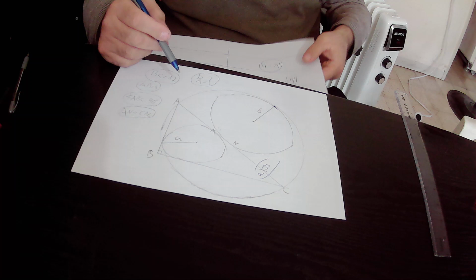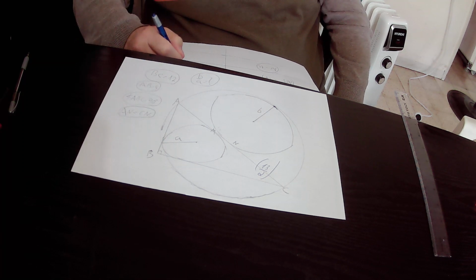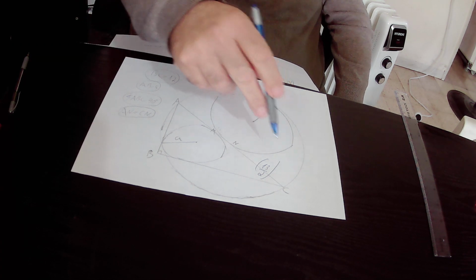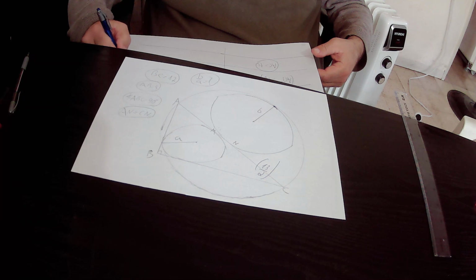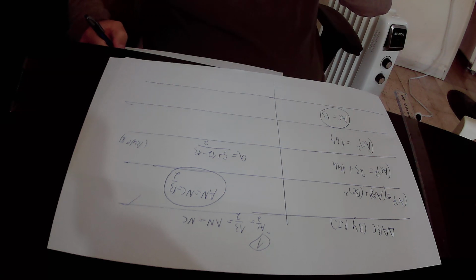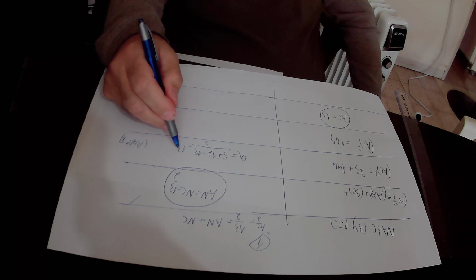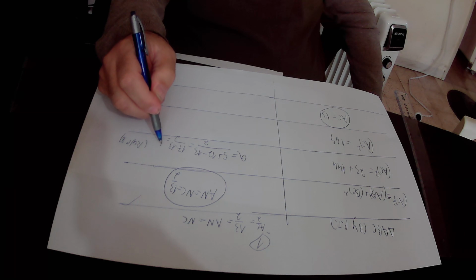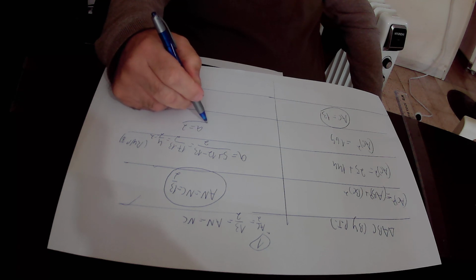So according to rule number 8, the radius A will be equal to AB, that is 5, plus BC, that is 12, minus the length of the hypotenuse AC, that is 13, over 2. 5 plus 12 is 17, minus 13 is 4, and 4 over 2 is 2. So I found out that A equals 2 units in its length.